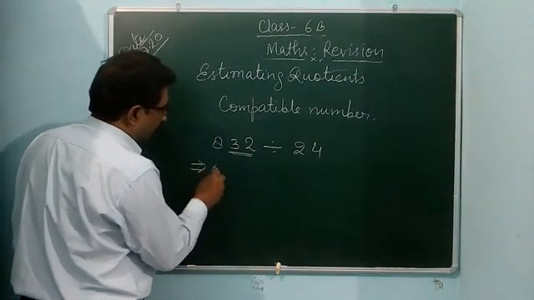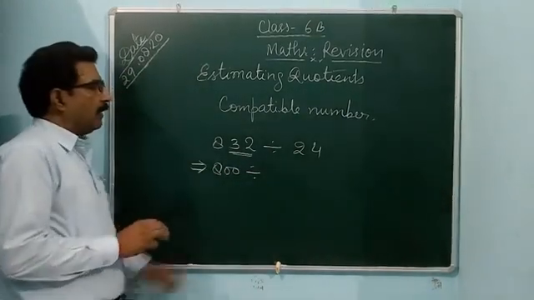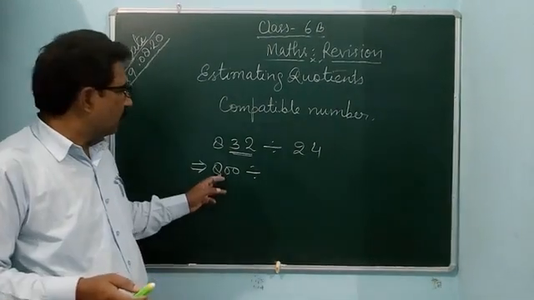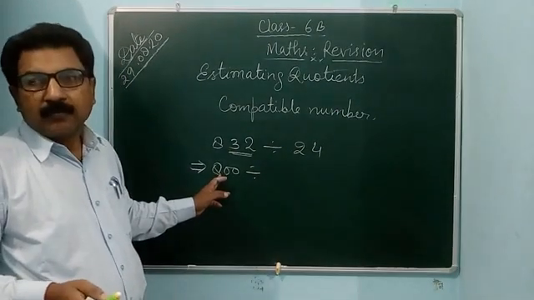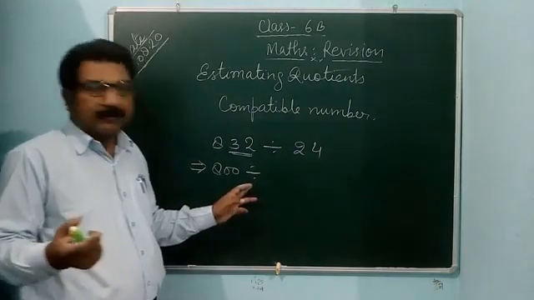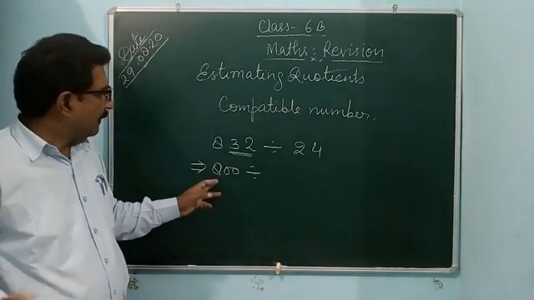It will be 800 divided by 24. It is not divisible, it cannot be reduced till the remainder is 0.